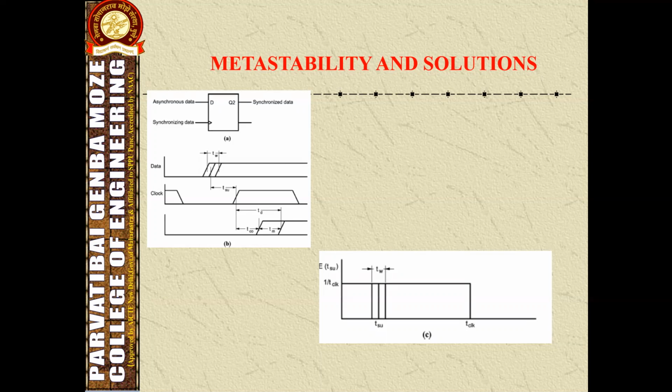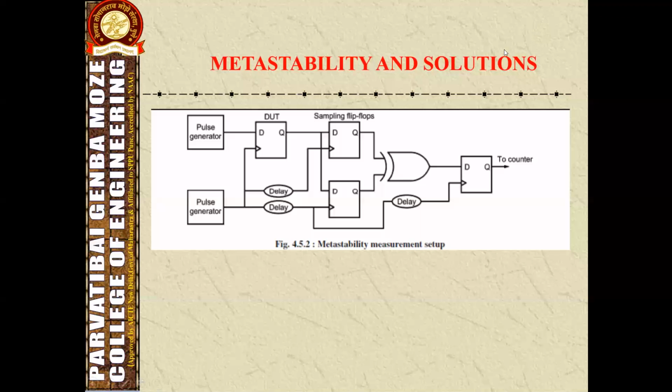What are the measurement setup and the parameters? We will see in the next slide. Here, the figure shows a test circuit to measure the metastable parameters of a synchronizer. In this case, we use two different pulse generators to provide a data rate of 1 megahertz and a clock rate of 2 megahertz.